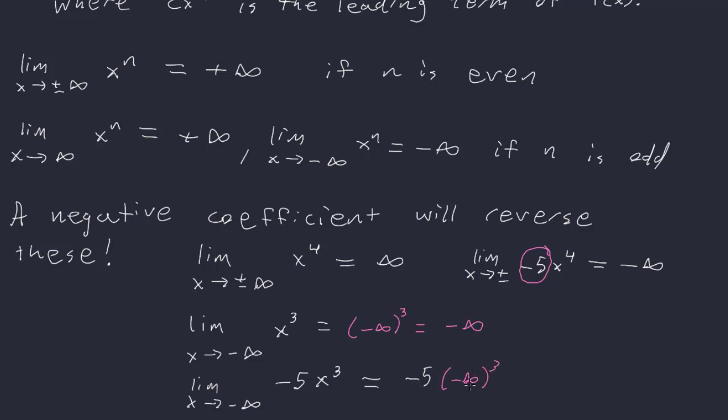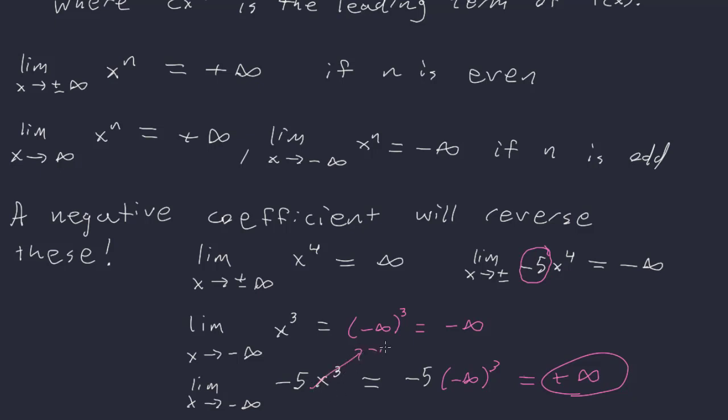So it's a negative times a negative, which is going to give us a positive infinity.